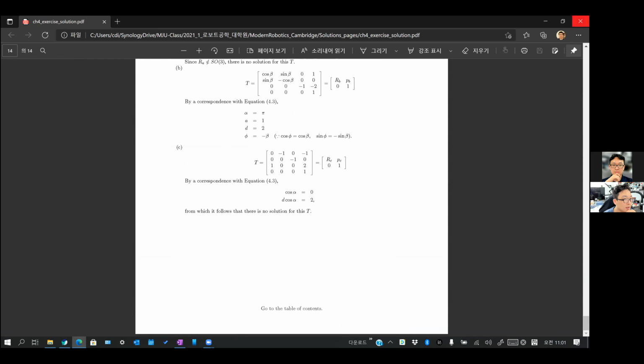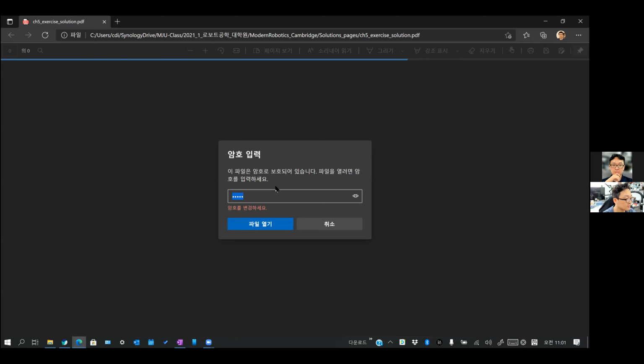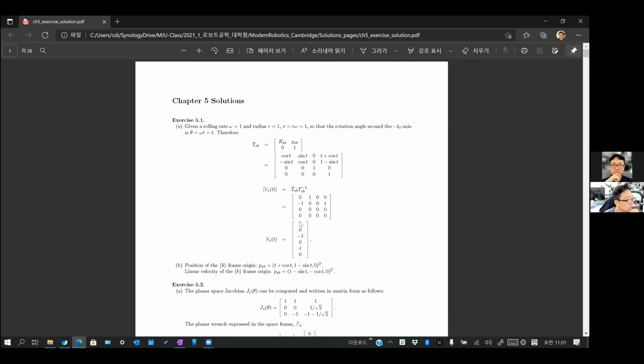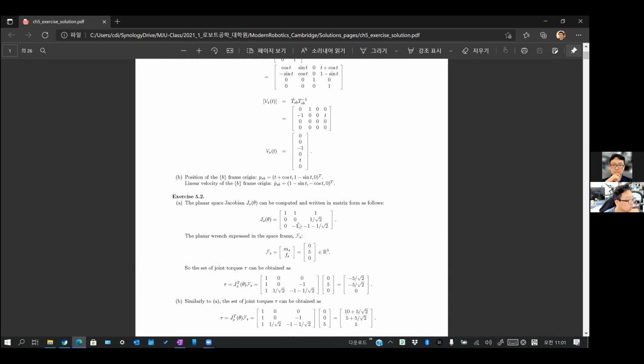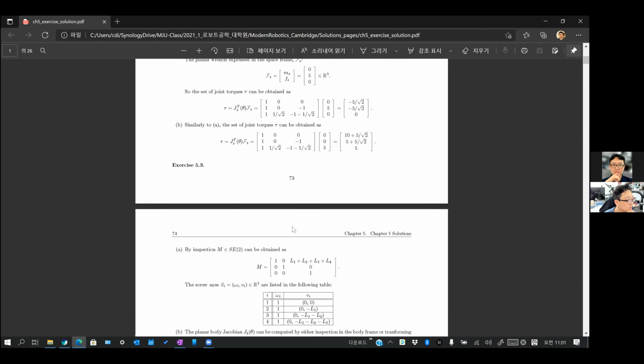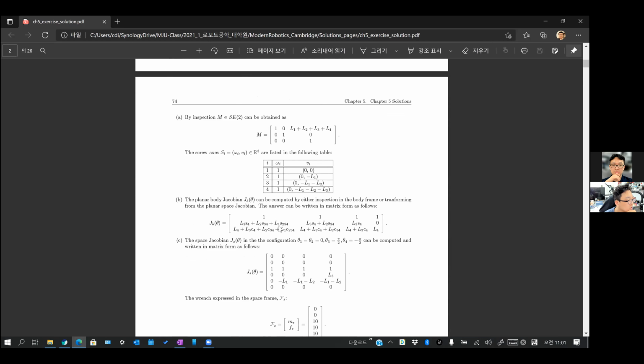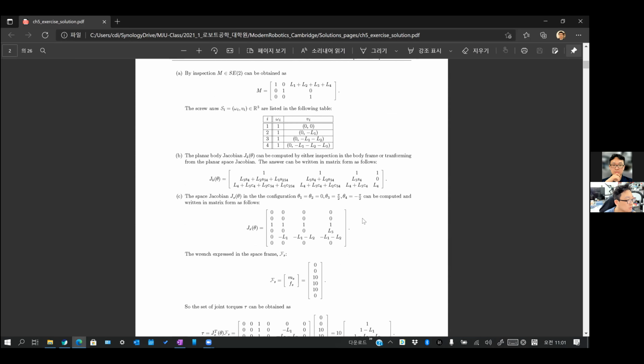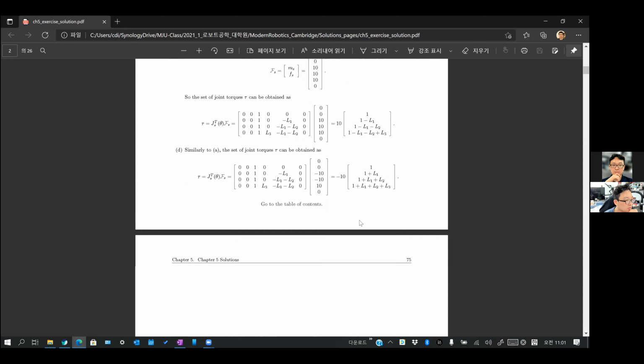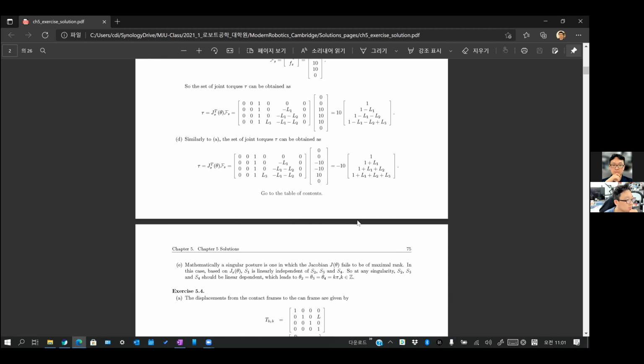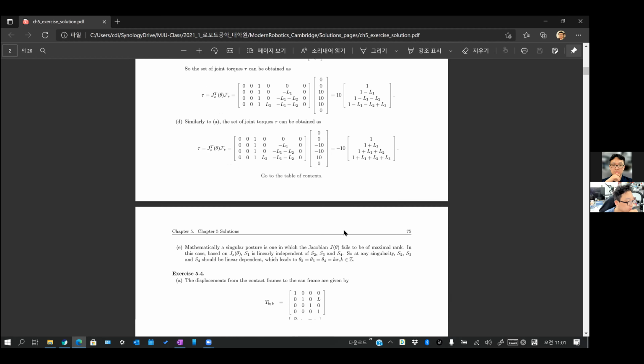And then chapter 5, we dealt with the Jacobian and velocity kinematics. So the Jacobian things will come out here. You might be familiar with that.